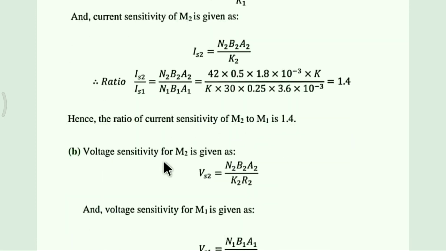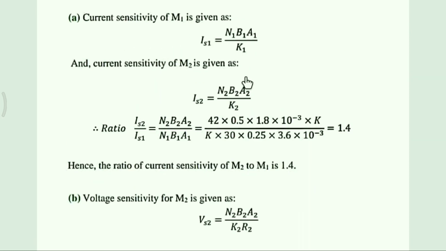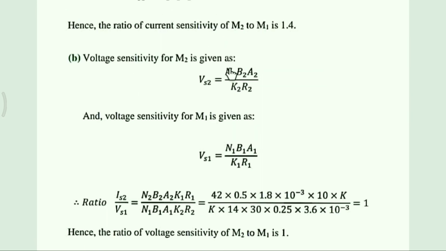And now the voltage sensitivity, what is the formula of the voltage sensitivity? That is NBA by KR. It will be again divided by R. It is NBA by K for the current sensitivity, and for the voltage sensitivity NBA by KR.